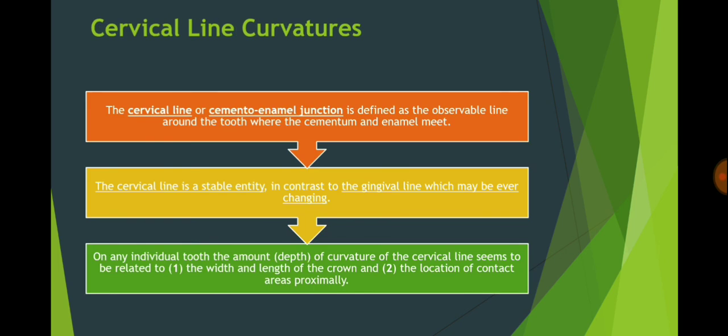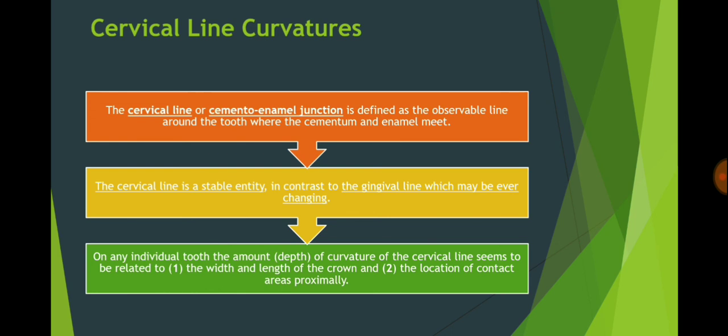Cervical line curvatures. So the cervical line curvature or the cementoenamel junction is defined as the observable line around the tooth where the cementum and enamel meet. The cervical line is a stable entity, okay? Meaning the CEJ is a stable entity.